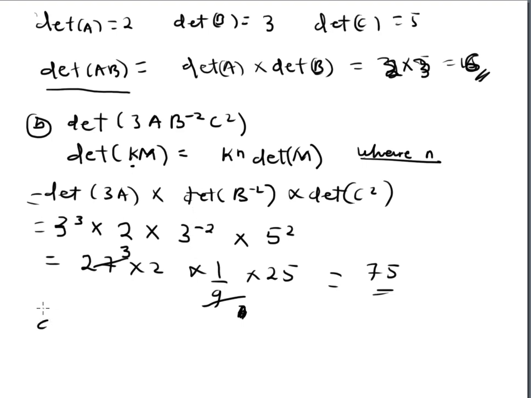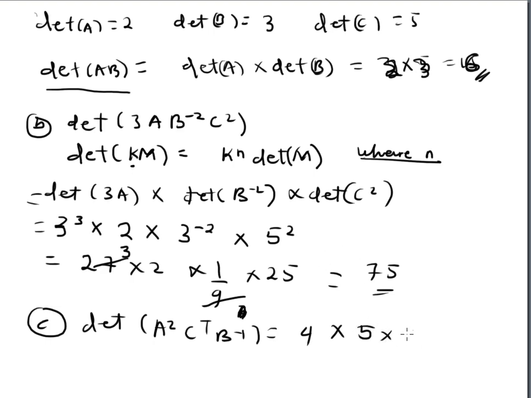So now with the C, the C is actually very simple. The determinant of A squared C transpose B to the power negative 1 is equal to the determinant of A squared, which is 4. The determinants of a matrix and its transpose are the same. So the determinant of C transpose is the same as the determinant of C, which gives us 5.